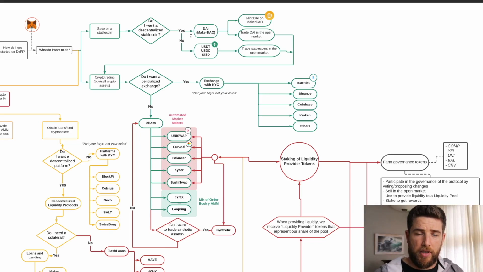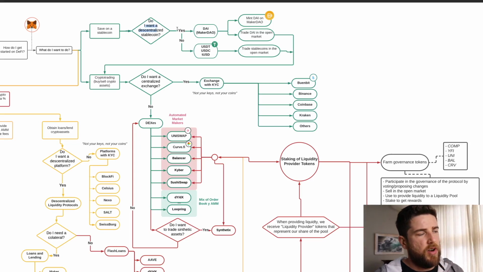A centralized stablecoin means that there is a company behind it that ensures that for every token they put in the market, they have an American dollar to back it. And you need to trust this company that it is giving the correct information, that they have that money, and that they act in good faith, if you will.